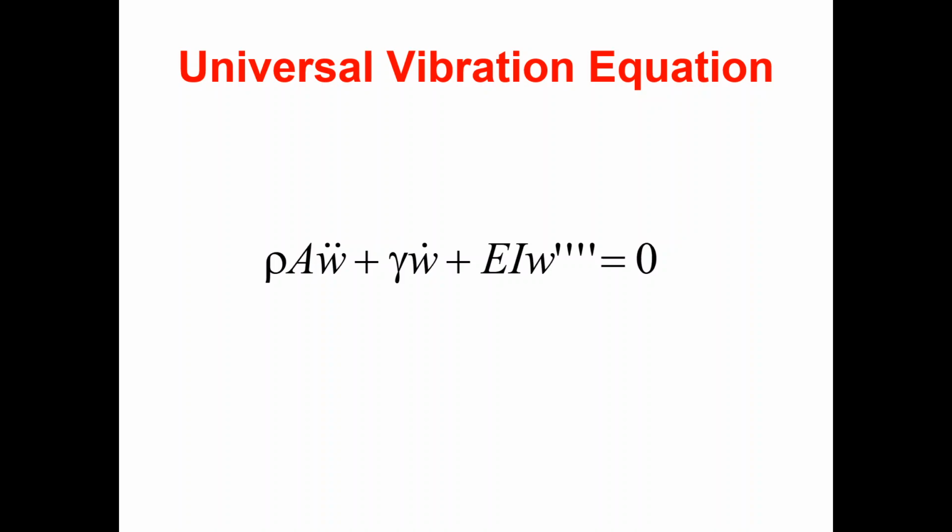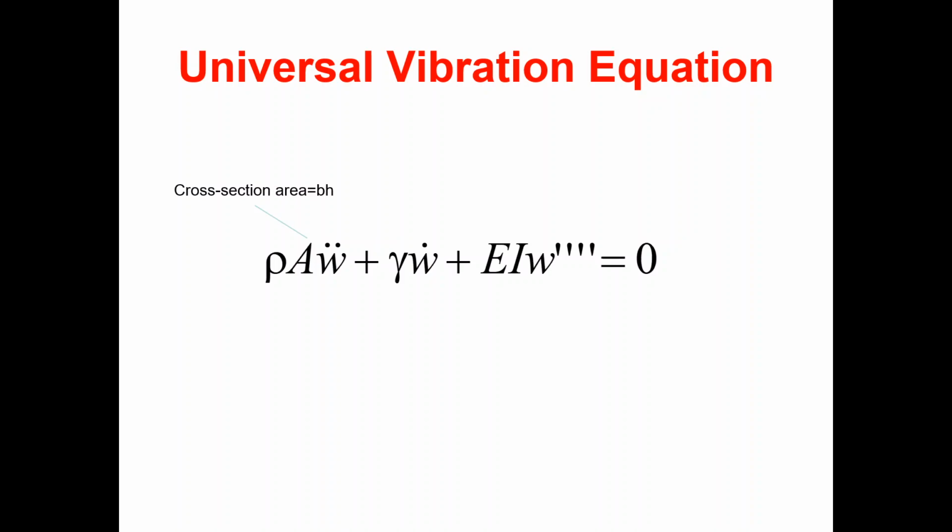This is going to be your general formula: your density multiplied by the cross-sectional area, times the second derivative of displacement with respect to time, plus gamma, which we'll talk about a little later, times the first derivative of your displacement with respect to time, plus the modulus of elasticity multiplied by moment of inertia, times the fourth derivative of displacement with respect to location. All of this is going to be equal to 0.